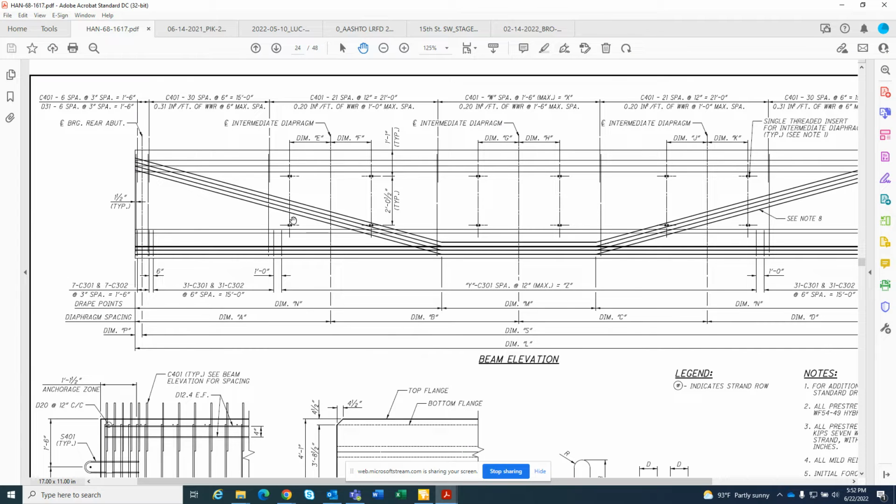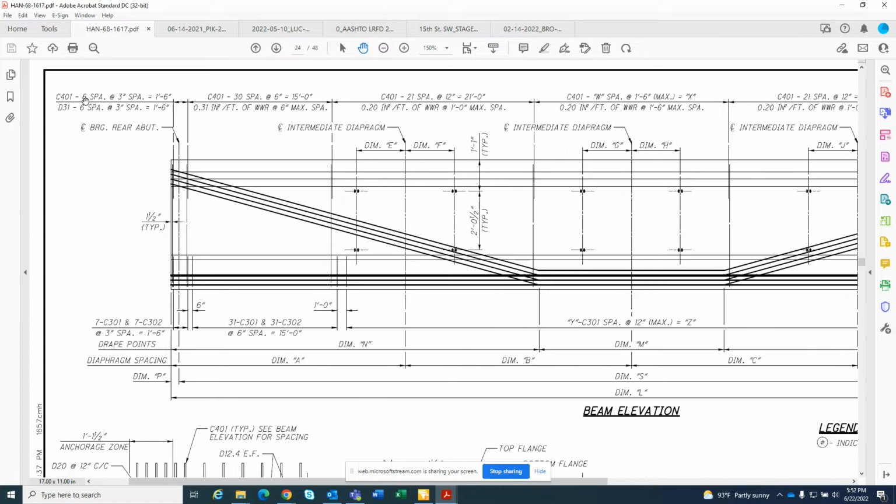This is an example, this hand 68, they used D31 at the ends at 3 inches, and then at 6 inches and 12 inches in the middle. D31 size is number 5 and D20 is number 4. So C401 is the rebar which is going into the deck.